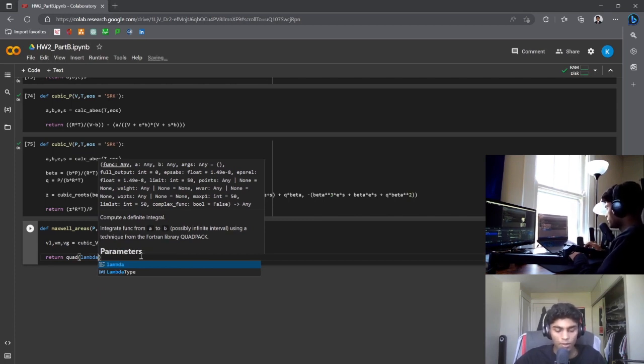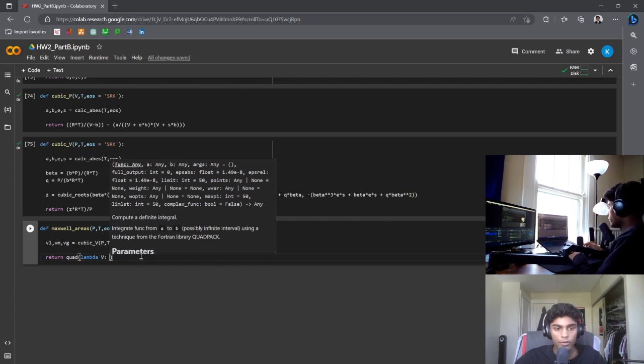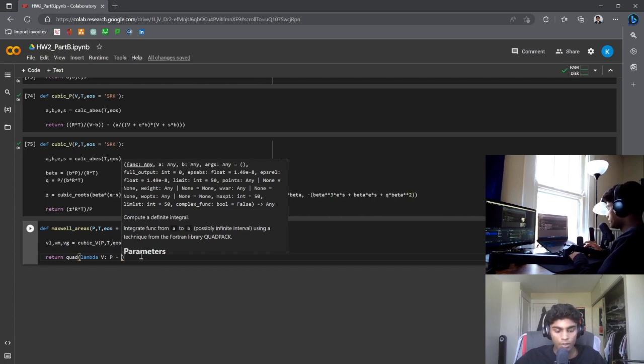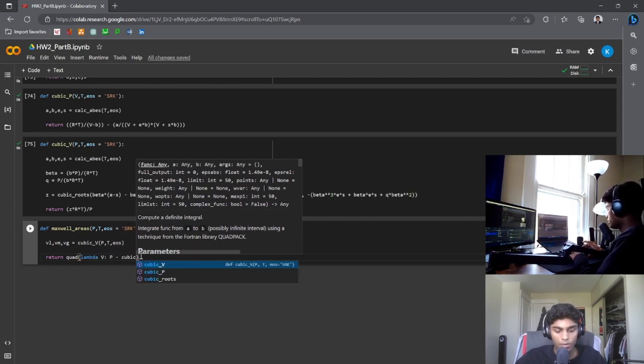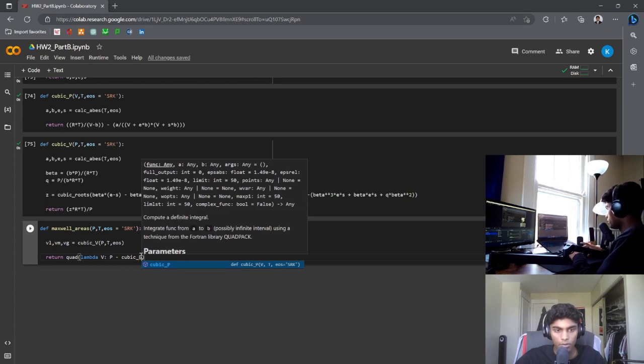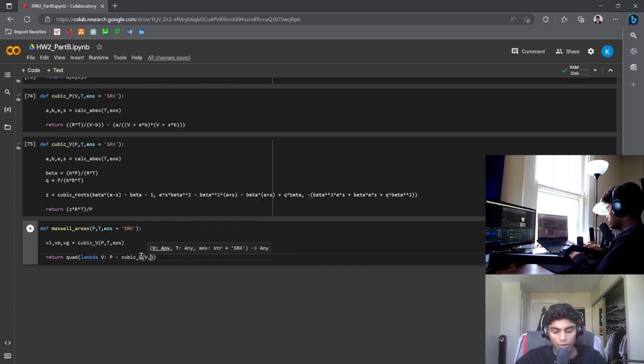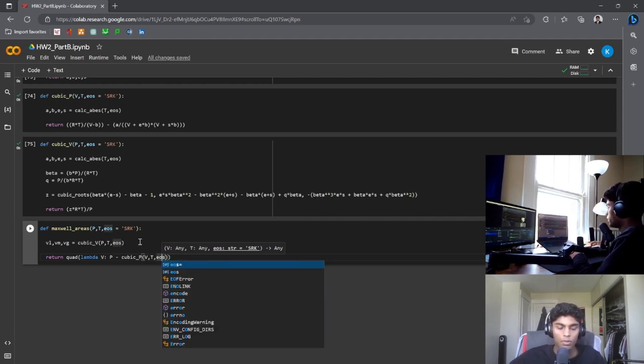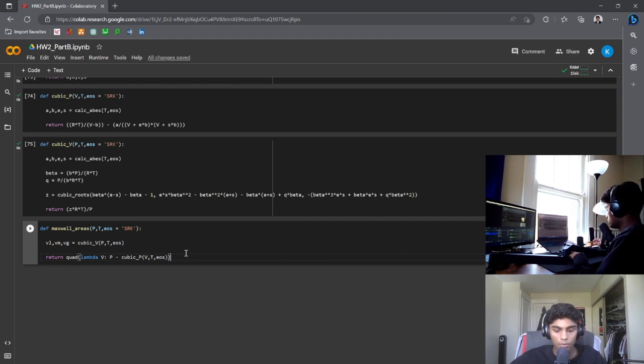So it's going to be lambda V colon, and the first one we're going to do is we're going to get the P minus the cubic P of the V, T, EOS with a subscript of 0. And we're going to also do kind of the same thing, except it's going to be the other way around to get the other area.